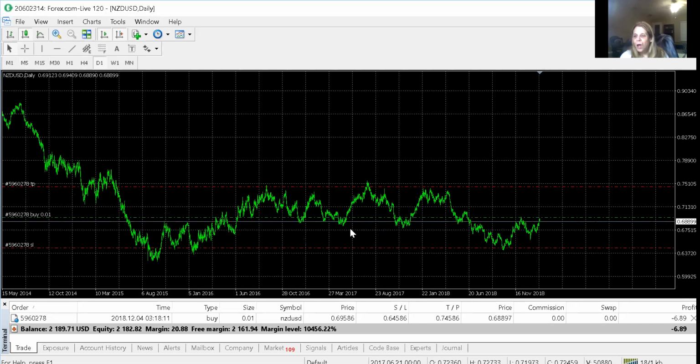Because the trade will always follow the trend. It does. Even during consolidation. I have a problem saying that word for some reason. Even during consolidation, it will slowly move, very little, but it will stay and it will test and retest.